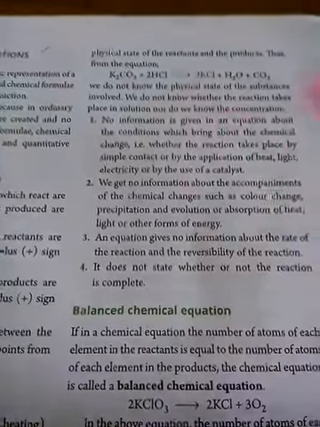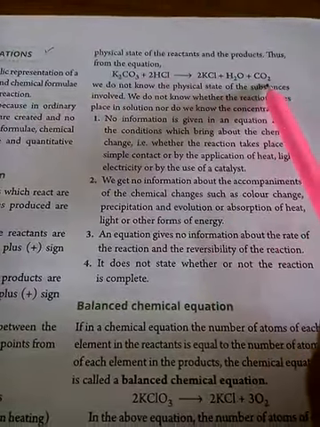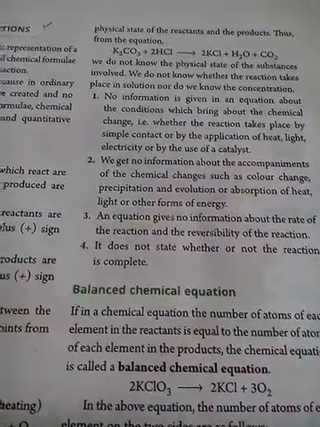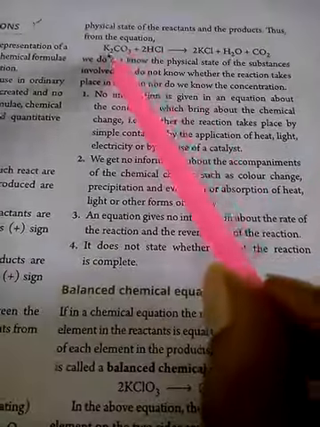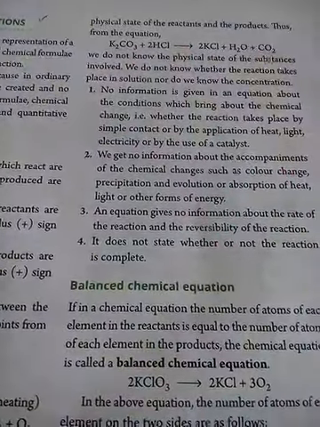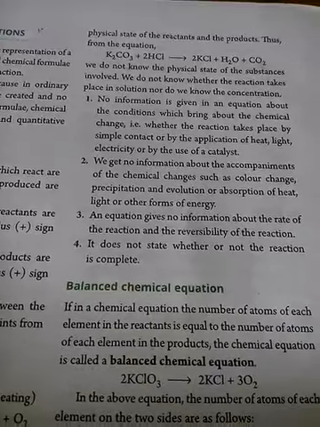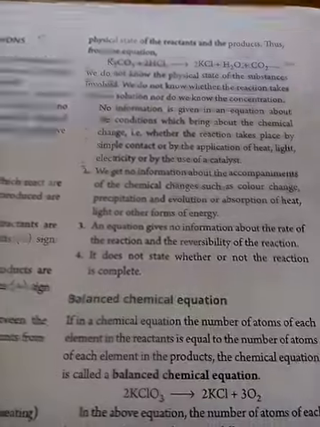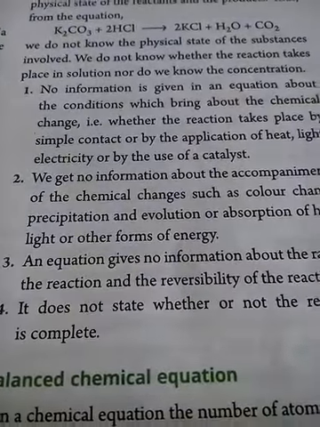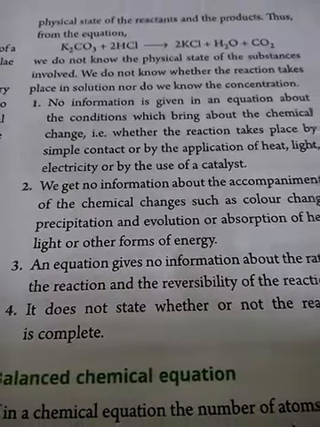If we write the equation in this simple way, all this information will be lacking. So nowadays, if any precipitate is formed, we can write it with a downward arrow. We can also mention the color with the reaction to make it more informative.